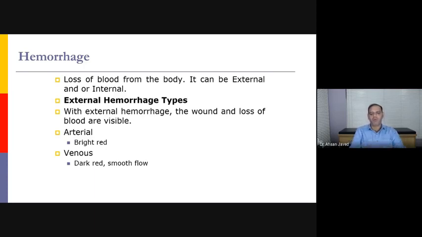So it is more like a pulsating flow in case of arterial with a bright red color, whereas in case of venous, it will be a smooth flow. Then the third type of external hemorrhage is capillary, which is dark red, and again a very minute flow, and usually it is a smooth flow.